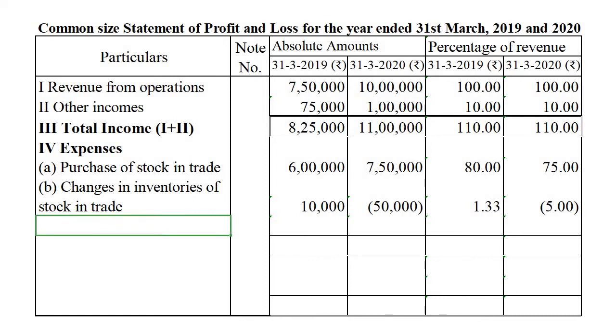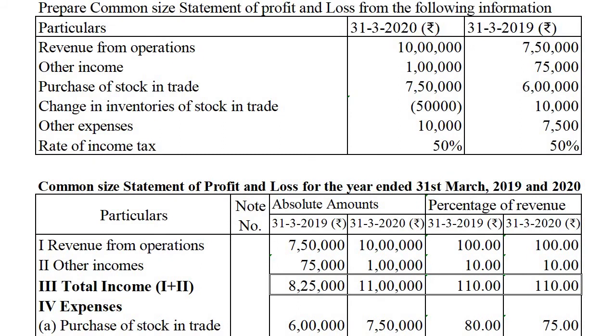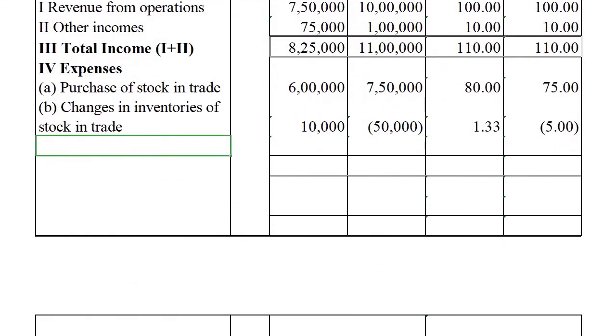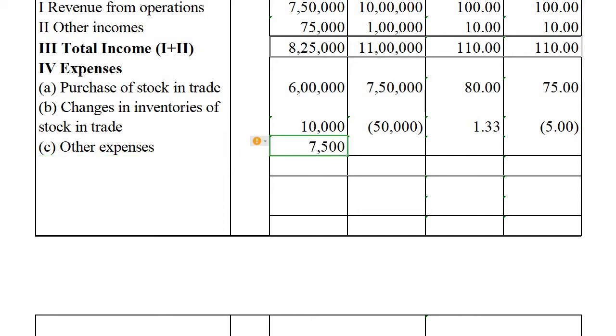Okay. Next item, other expenses. Other expenses are 7,500 for the previous year and 10,000 for the current year.